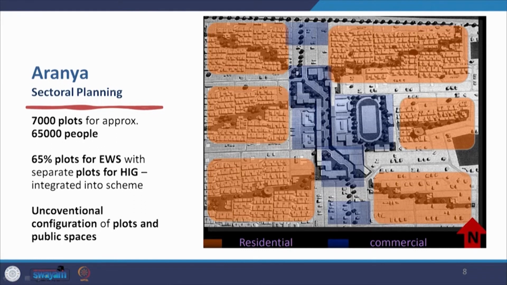Now, what is the unconventional part? That this is not a grid-iron orthogonal plan. It has an unconventional approach to street layout with pockets of spaces in between, with breaks in between, rest spaces in between, etc., and then they are connected to a larger central core.